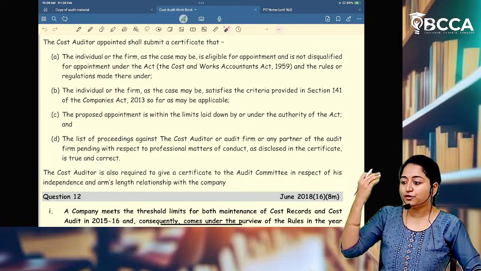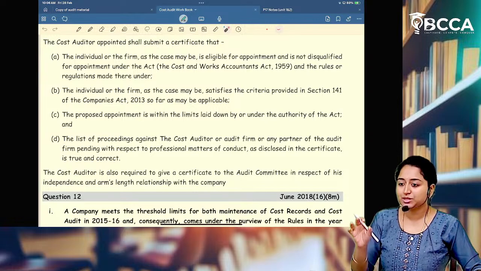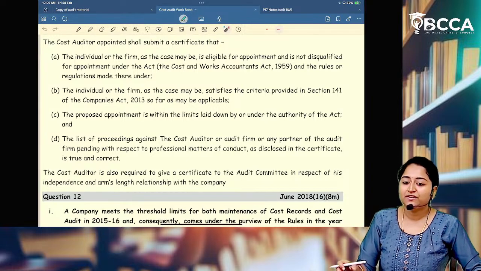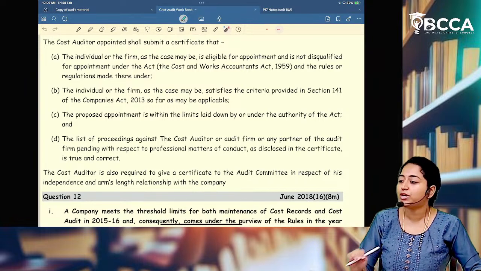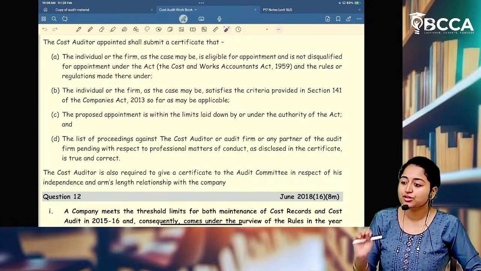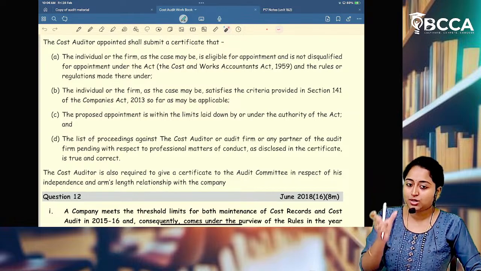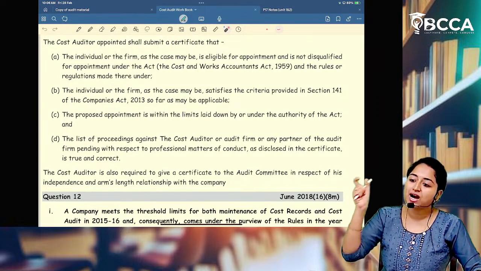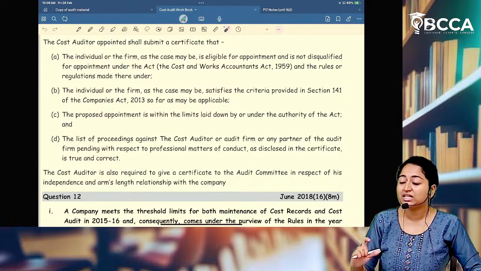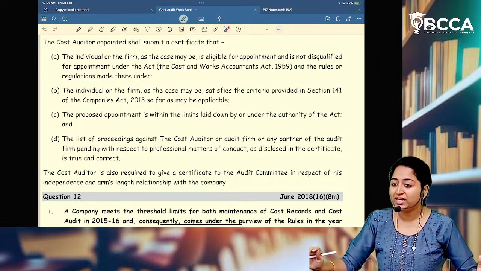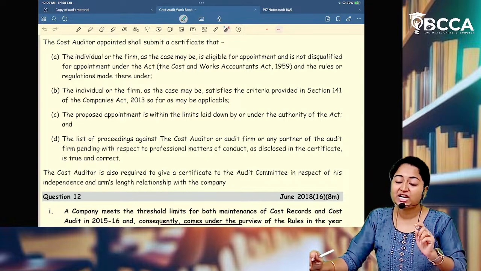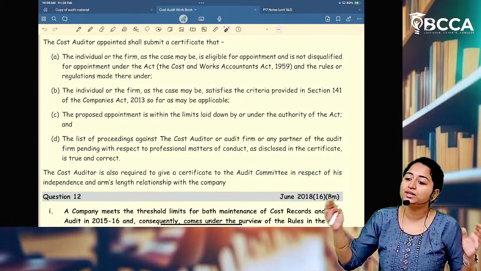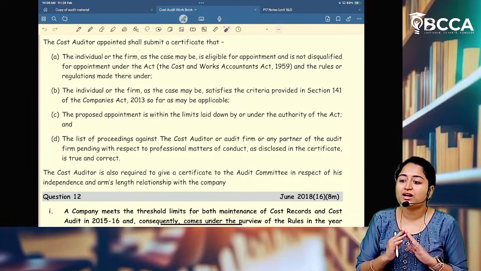Clear? So you have to elaborate according to the marks assigned for that particular question. If the question is asking for only 4 points or something like that, and you are writing only 4 points, you will not get the marks. So you have to make sure what the question is, for how many marks it is being asked, and what the content is. If it is a very big question, like they have combined 2-3 questions into a single question, and it is for 7 marks, then if you elaborate the answer, you'll take a lot of time.